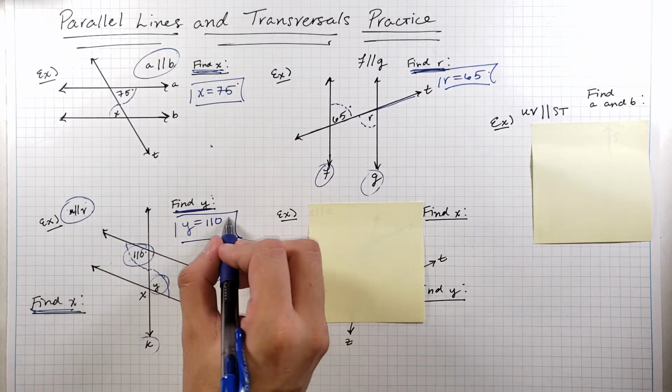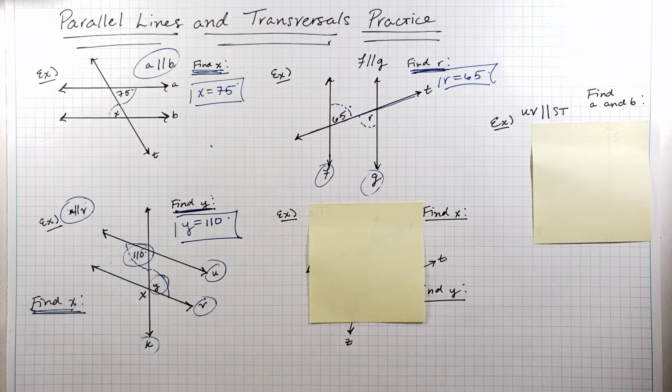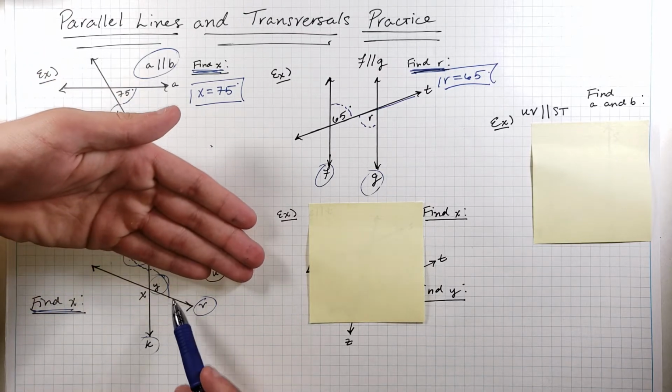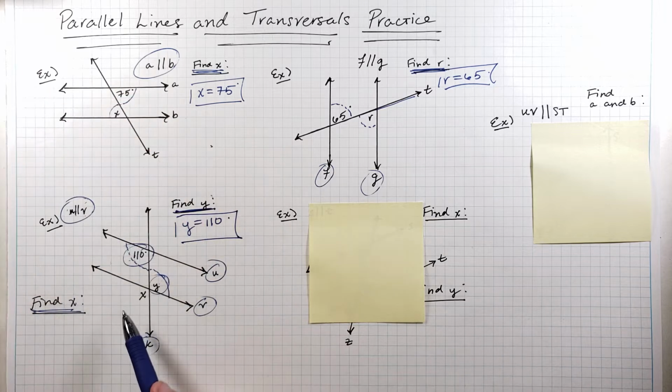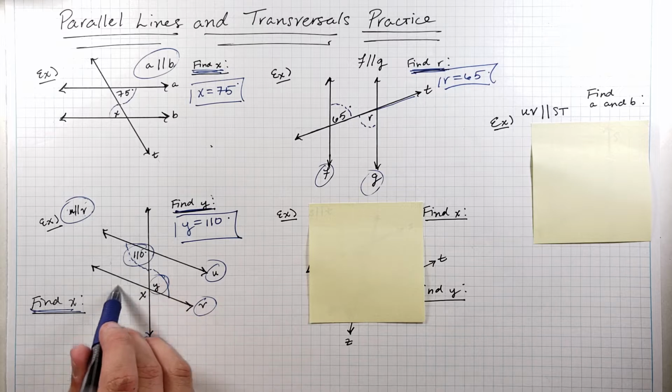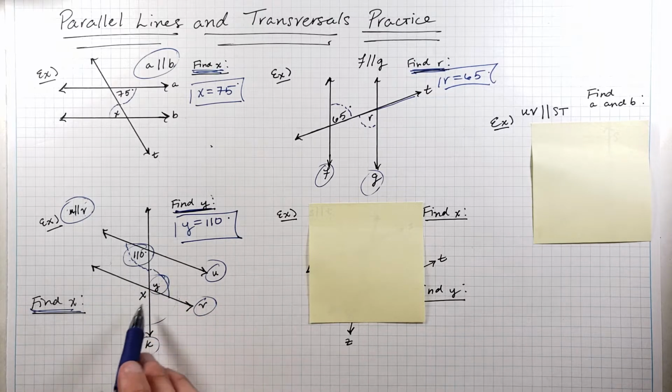All right, so we want to get really good at visualizing this kind of stuff. But now they also want us to find x, right? They say find x. But look where x is. Remember what I talked about in the last video about these two lines being vertical? If you just look at this little section here, you can see that y and x are vertical angles.